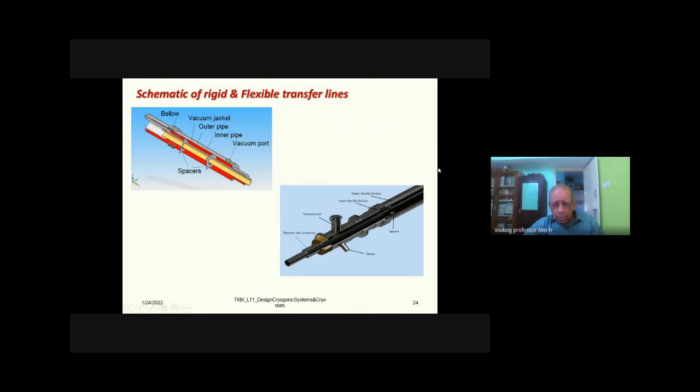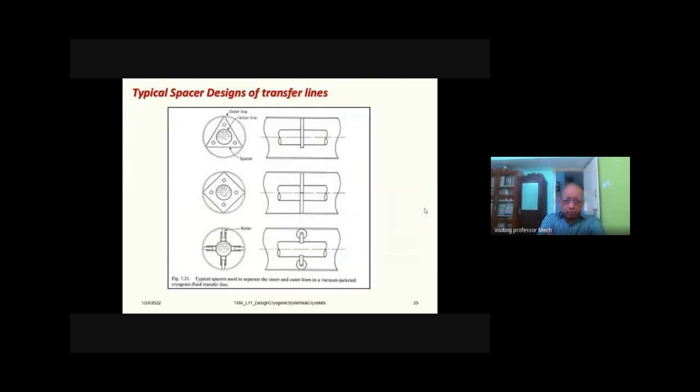Now, this diagram below shows you a flexible transfer line. In a flexible transfer line, the thermal contraction part is automatically taken care of because you are using a flexible line, that is bellows, for both the inner and outer. So therefore, the thermal contraction part is automatically taken care of in this case. Some of the spacer designs for the transfer line are shown here.